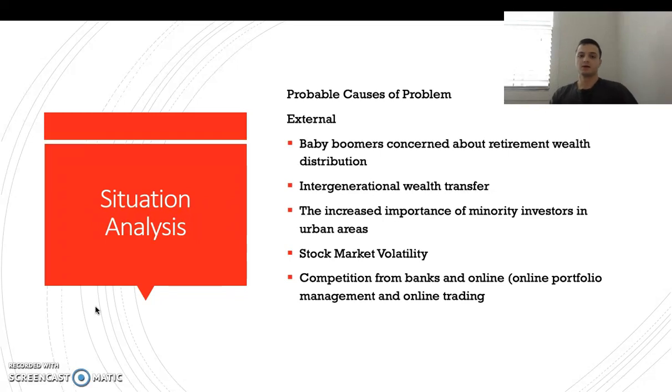One of the biggest external causes of the problem was definitely intergenerational wealth transfer. This really stood out to me, and I talk about it in my recommendations. Once all the baby boomers that have been investing with financial advisors for so many years transfer their wealth over to their children, it says there will be over 50 trillion in assets changing hands by 2040.